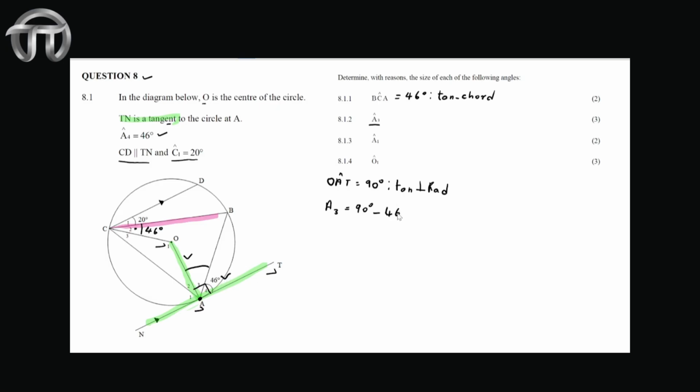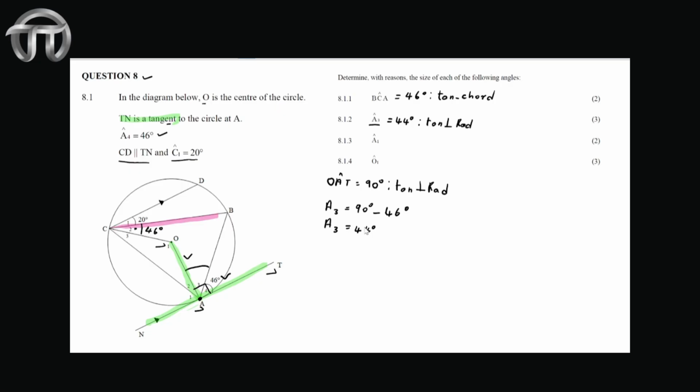We're going to subtract 46 from 90 degrees, and then we find angle A3 to be how much? If you press it on your calculator, you will get 44 degrees. So that makes angle A3 equal to 44 degrees, and you can write the reason as: tangent perpendicular to the radius. That is our angle there, A3.